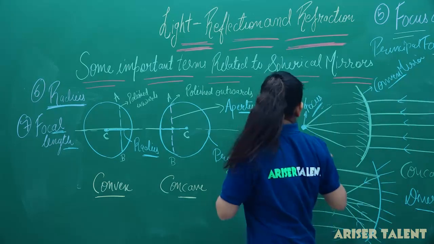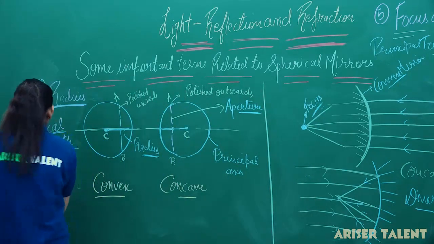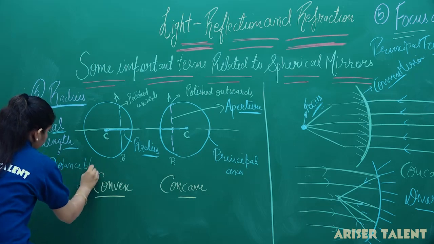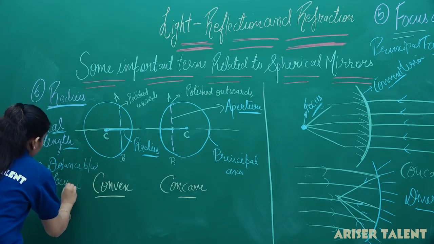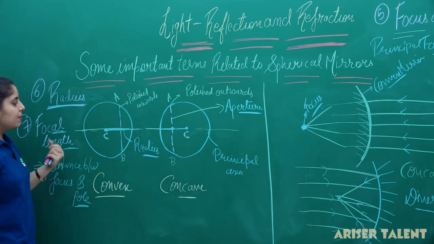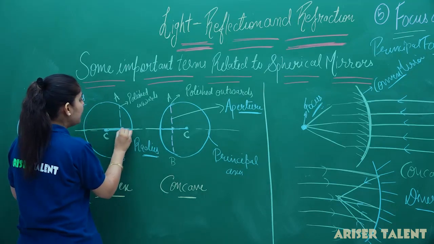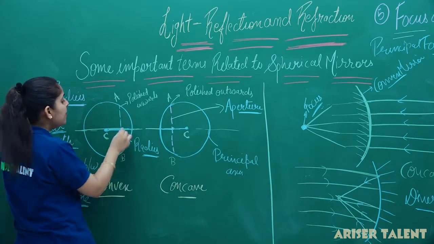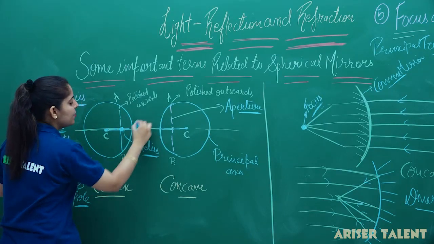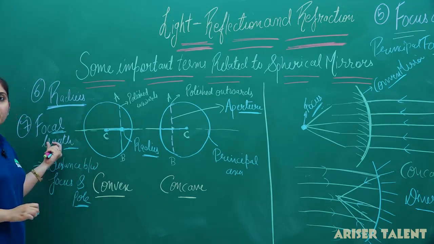So, you can see that the distance between the focus and pole will be known as our focal length. If I am considering that this will be the pole, as it is the center of the mirror, the focal length will be the distance between the pole and the focus where the lights meet. So, that will be our focal length.